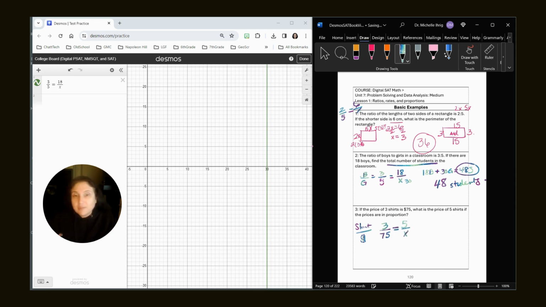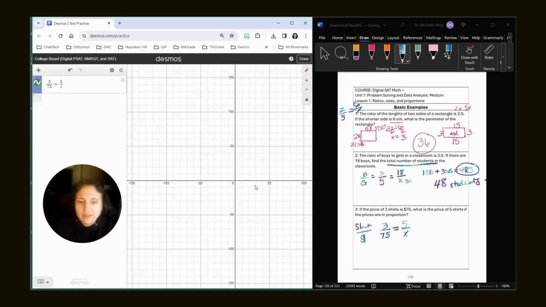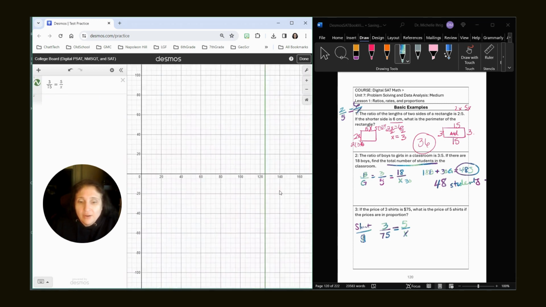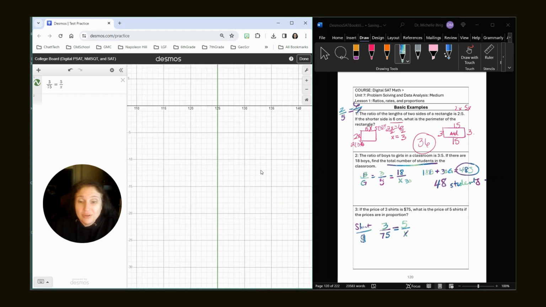You could have just been like, well, 75 divided by 3 is 25. 5 times 25 is 125. Or you can use a proportion. So we've got 3 over 75. We have 5 there, and we'll keep scrolling out until we get the answer, which, wouldn't you know, is 125.